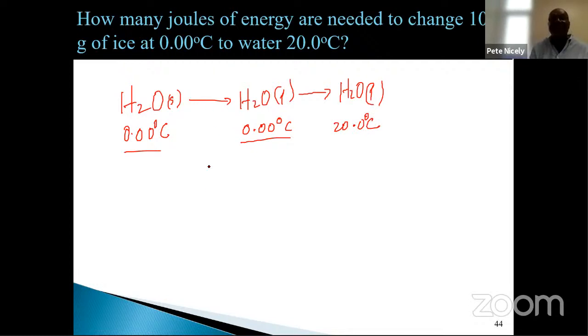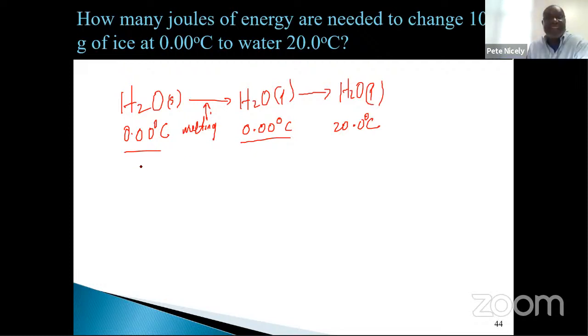So this is basically a two-step process that we interpret this question as, so that it makes it easier for us to calculate the amount of energy needed to carry out the entire process. Now, this is melting here, right? And the energy required for melting is what we call the heat of fusion, which is the heat energy required for melting 1 gram of a substance.